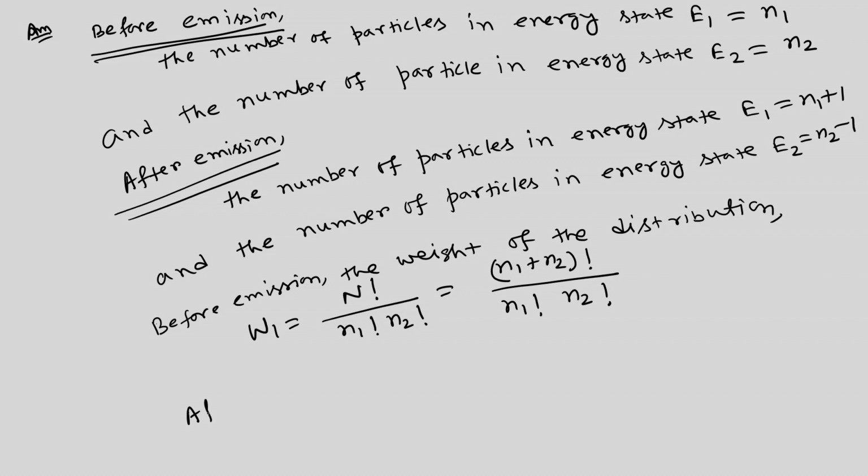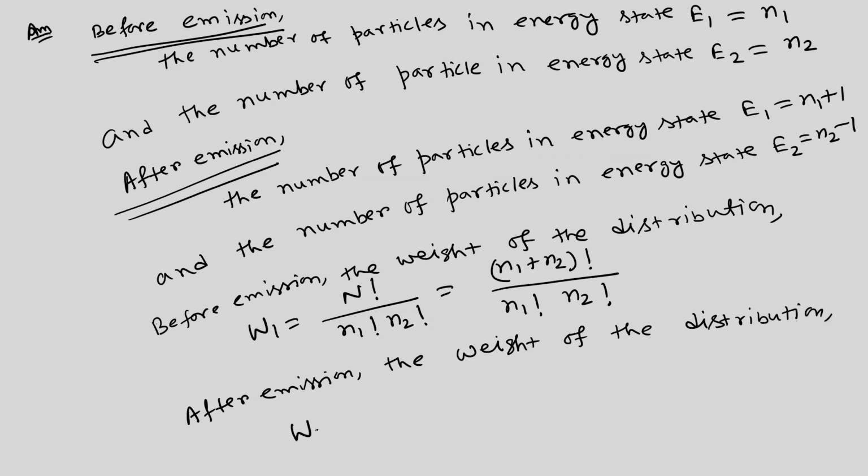So, after emission, if we say the weight of the distribution is W2, then again we have total N number of particles, but now we have N1 plus 1 particles in the energy level E1 and N2 minus 1 particles in the energy level E2.